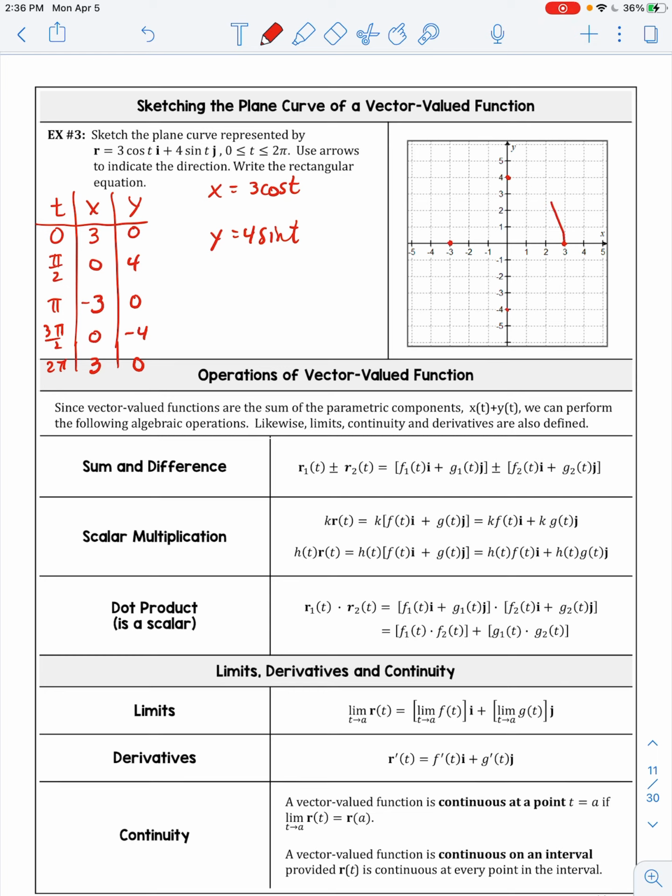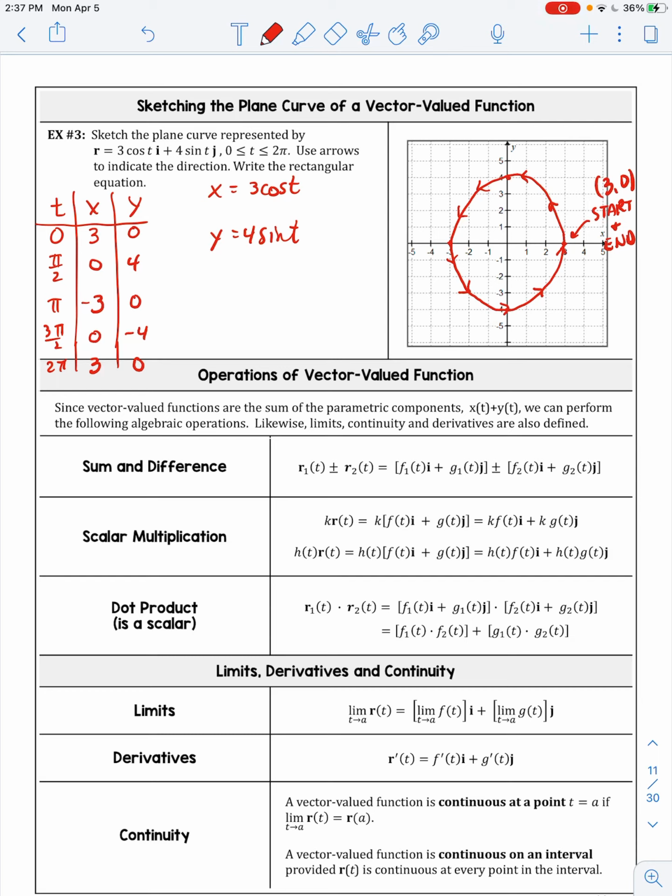And so I'm going to just sketch this and put arrows on it, so that if someone was looking at this, they would know what direction this was being sketched. Okay, and we could put that this is your start and your end. That 3, 0 is your starting point and your ending point for those t values.